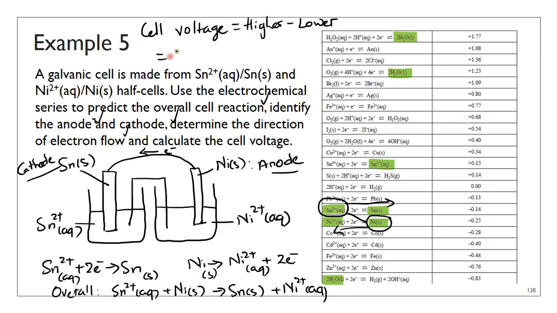In this case it is negative 0.14 minus negative 0.25. Your cell voltage has to give you a positive number, otherwise it's not a spontaneous redox reaction. Use a calculator if you have to. You should get, in this particular case, 0.11 volt being produced. And that's it. Thank you.